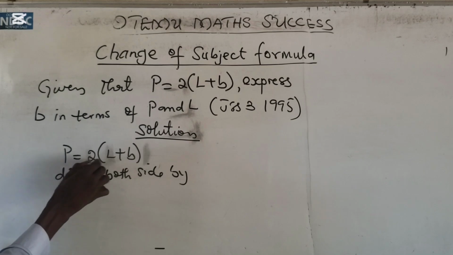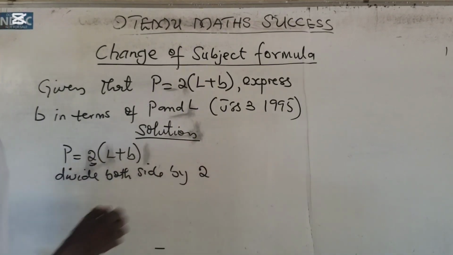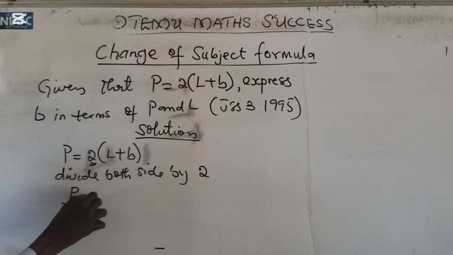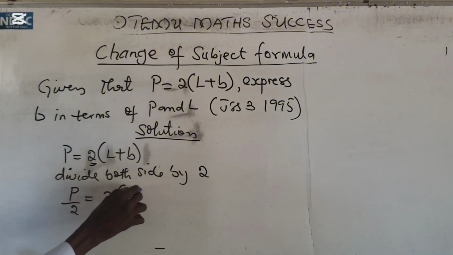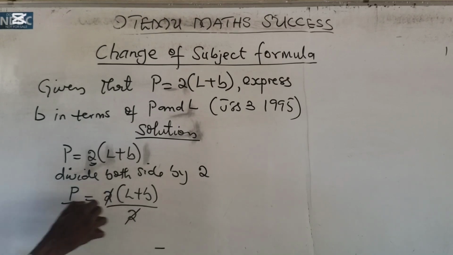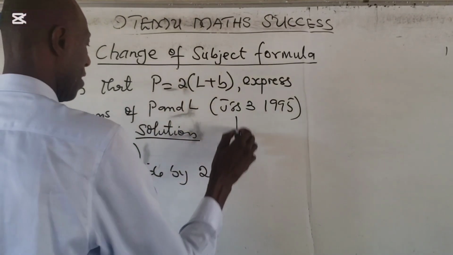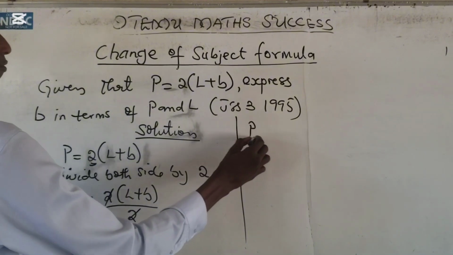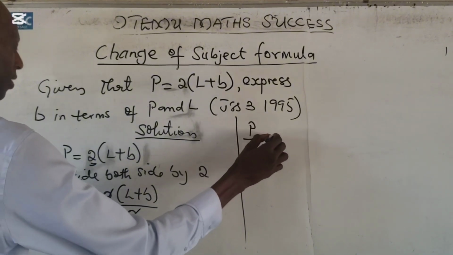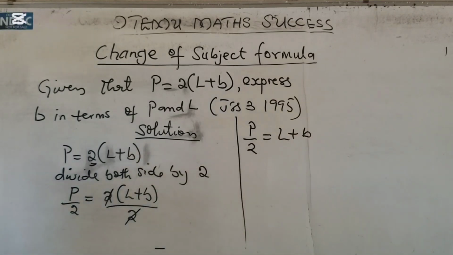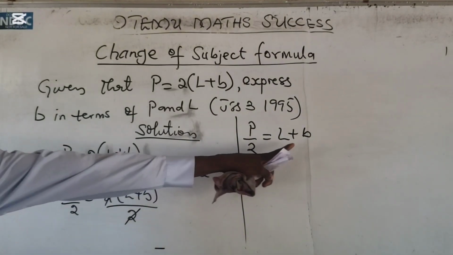I'll first of all remove 2, so I'll divide both sides by 2. So P over 2 is equal to 2 bracket length plus breadth over 2. This will cancel this, so you are left with P over 2 is equal to length plus breadth. But take note, we are making B the subject.